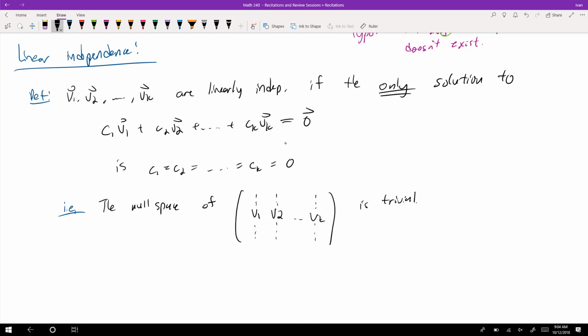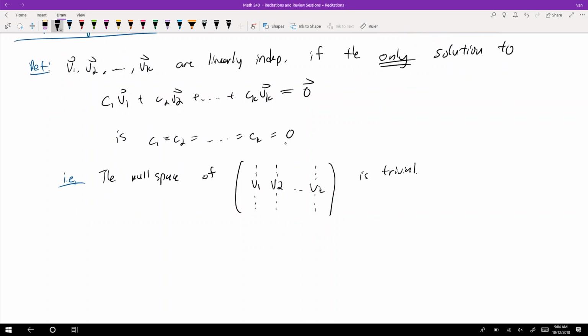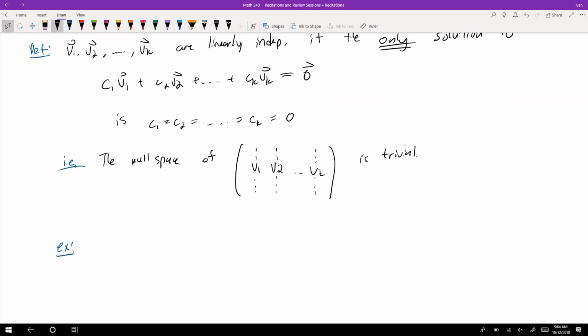So for example, this is the midterm problem. V1 is equal to 1, 1, 0, V2 is equal to 1, 0, 1, V3 is equal to 0, 1, 1.